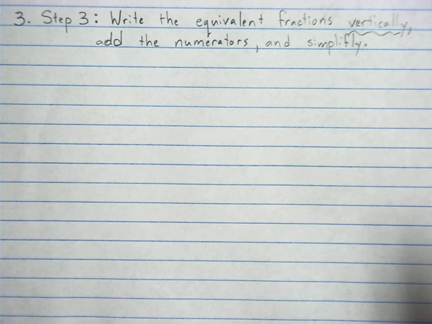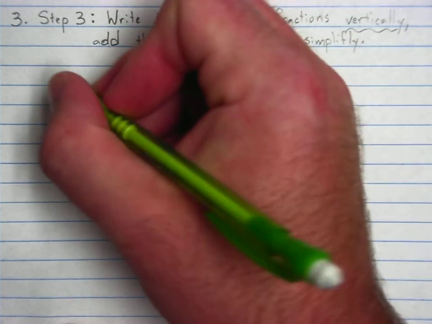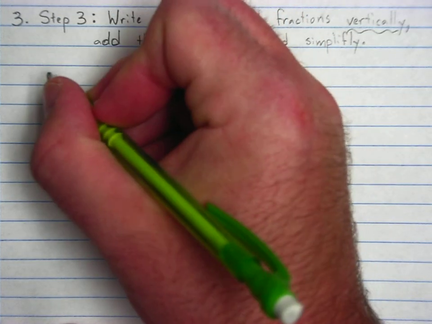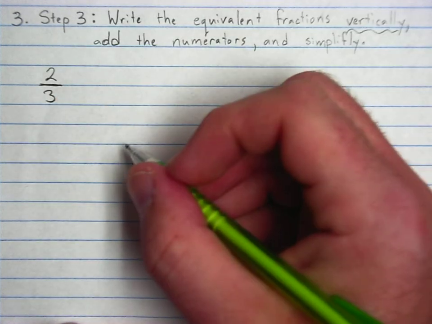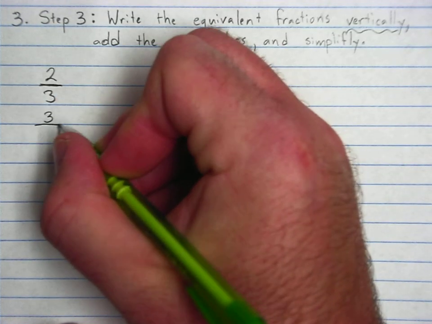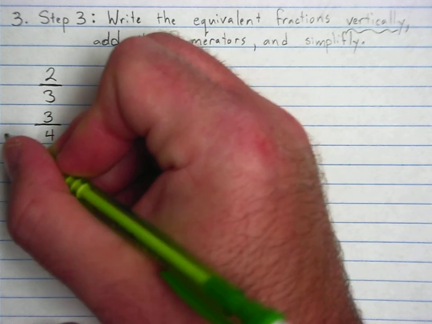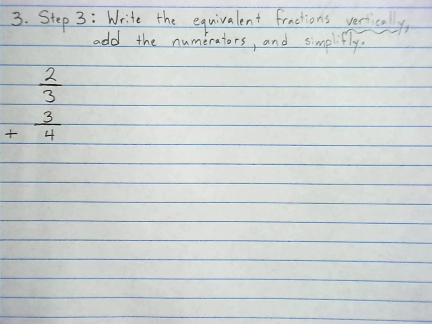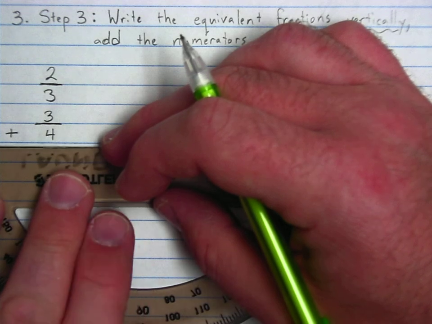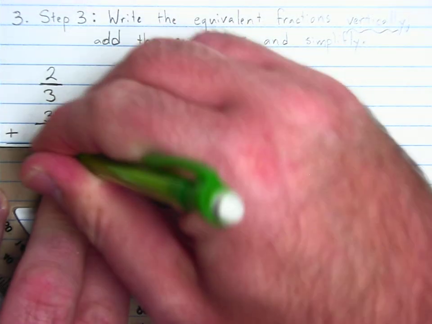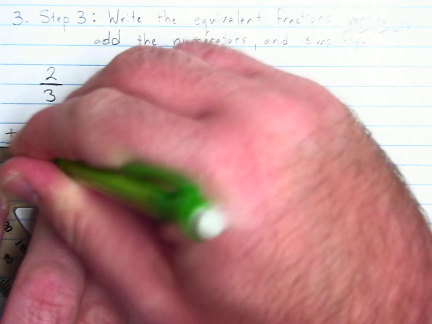Now, normally what your problem is going to look like is something like this. You're going to have the original fractions, 2/3, 3/4. We're adding them together. Whether it looks like that on the paper or if you just have to write it that way on yours, you're going to start by writing vertically.